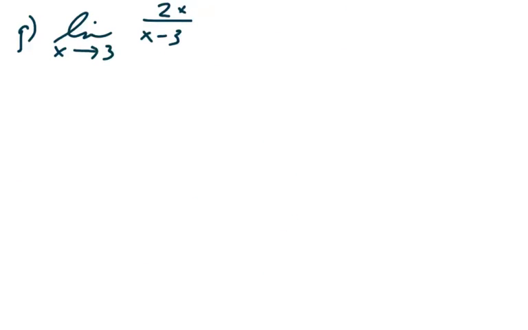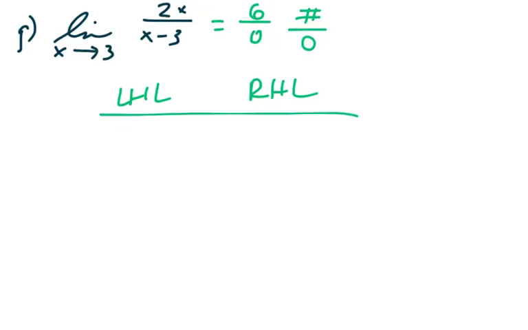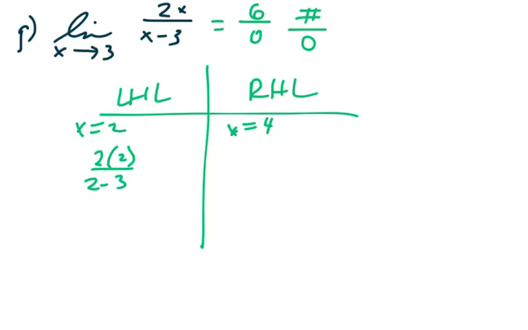Okay, moving on to our next problem, G. The limit as x approaches 3 of 2x over x minus 3. Well, if I plug in 3, I'm going to get 6 over 0. So that's my number over 0. So we have to do our left-hand, right-hand split. All right, to the left of 3 would be 2. To the right of 3 would be 4. And we are going to be plugging back into our initial function. All right, so over here we're going to get 4 over negative 1.